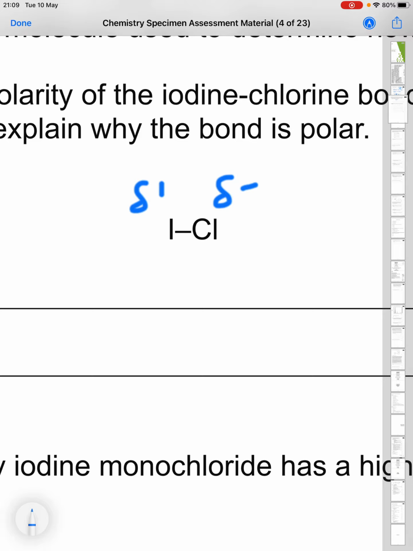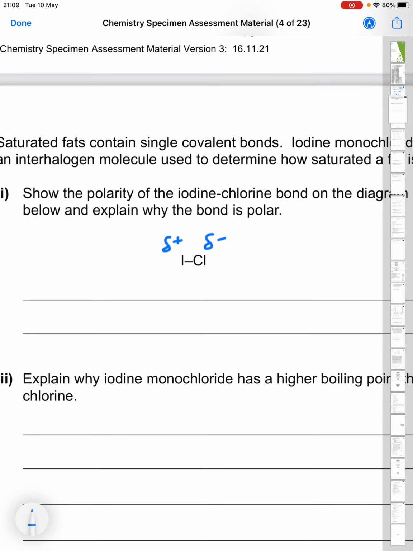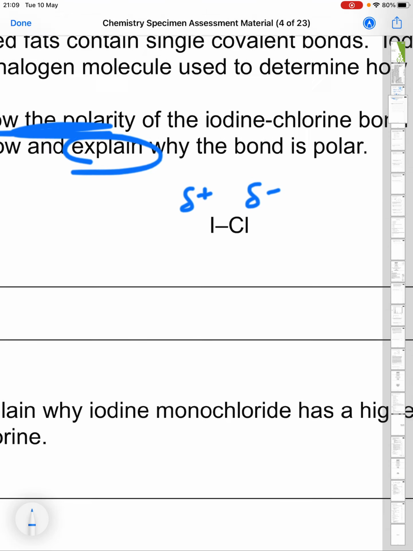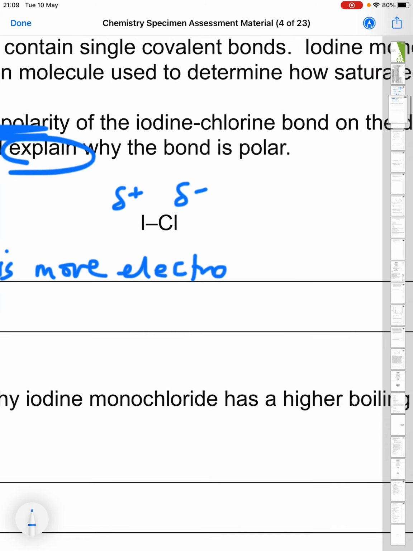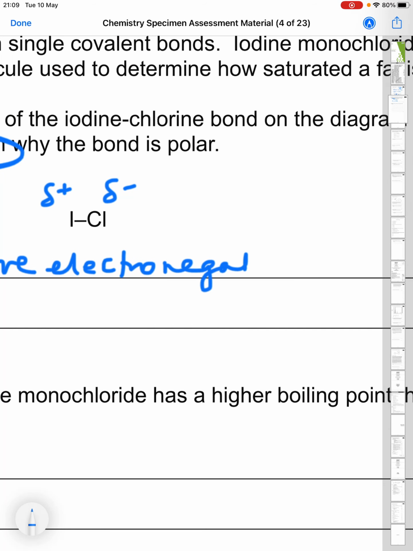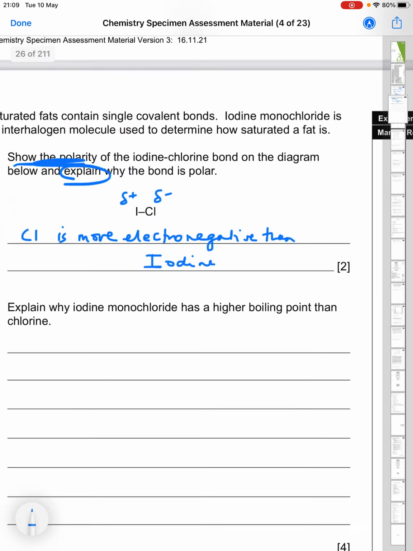So the chlorine is slightly negative and the iodine slightly positive. And your explanation then, so it's showing the bond and then explaining, so the chlorine is more electronegative.